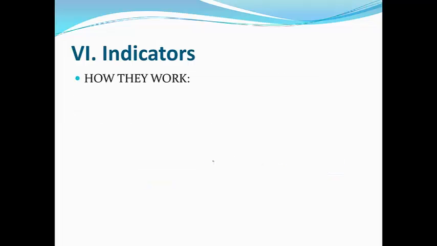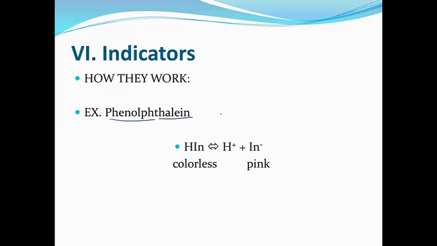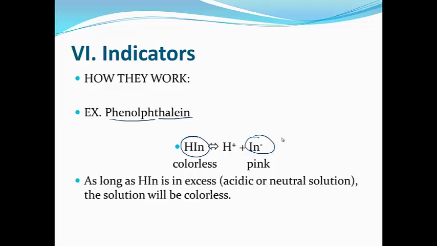So how do they work? Well, let's take a look at something like phenolphthalein, which is what you guys are going to end up using. The molecule is colorless, and the anion produces a pink color. As long as this molecule is in excess, which it will be if you put it into an acidic or neutral solution, you're not going to see anything, because this molecule is present and there's no color to it.